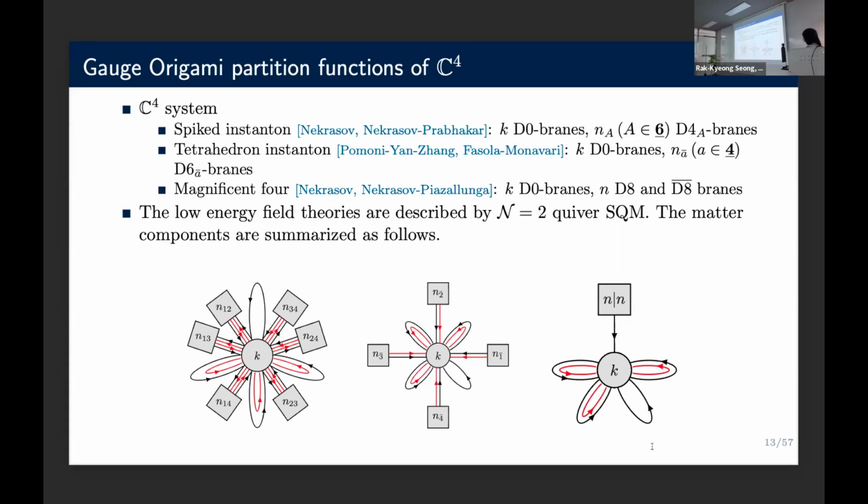For the tetrahedron instanton, you can wrap four types of D6 branes on the C3 subspace. And for the largest one, you have the magnificent four, where we are wrapping the D8 brane over the whole C4 with D0 branes probing. And the quiver diagram will look like this.